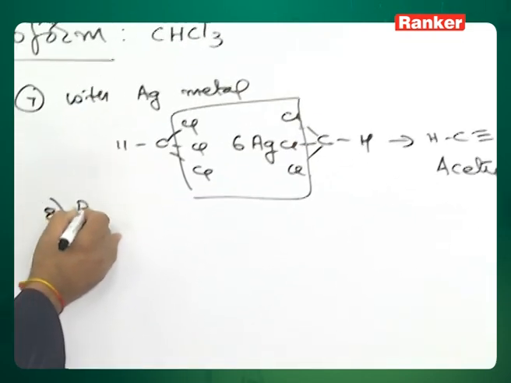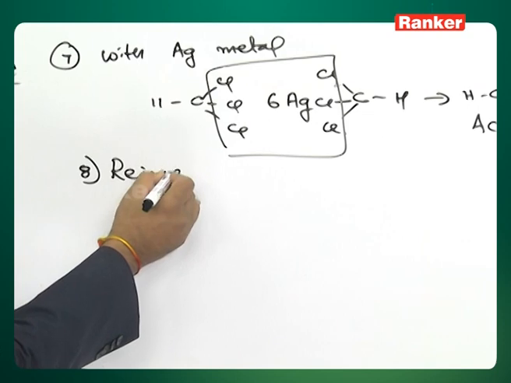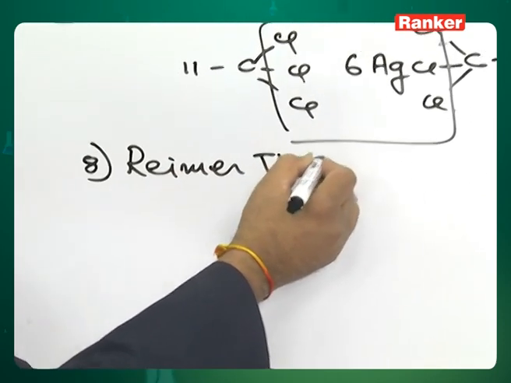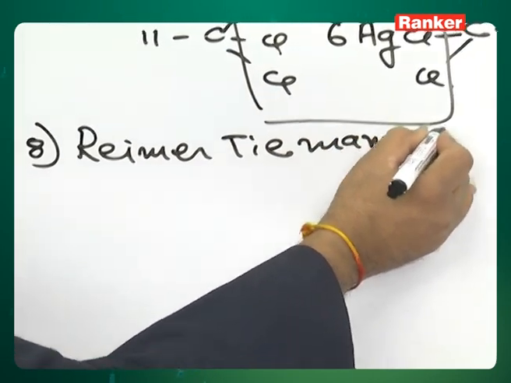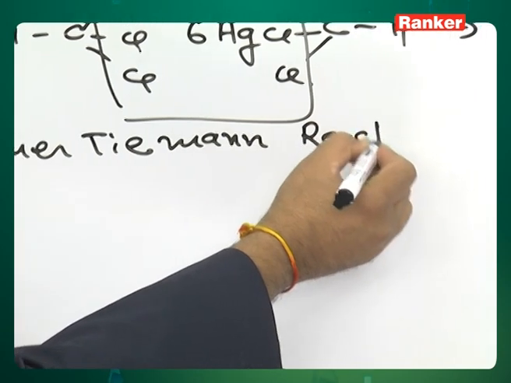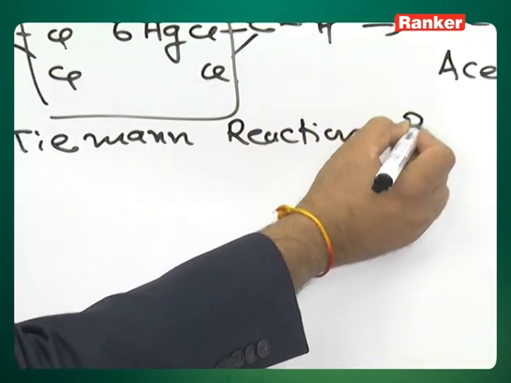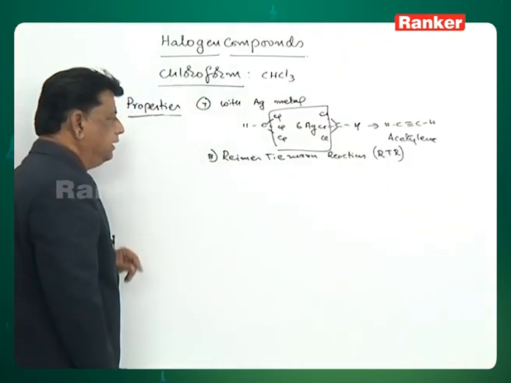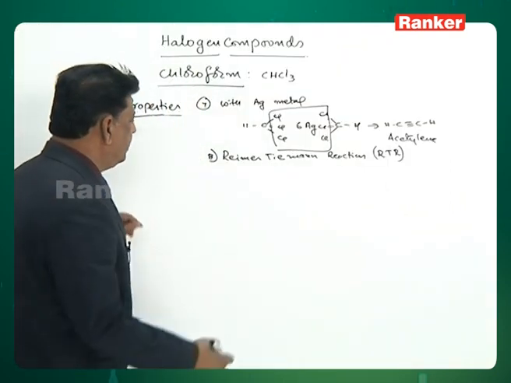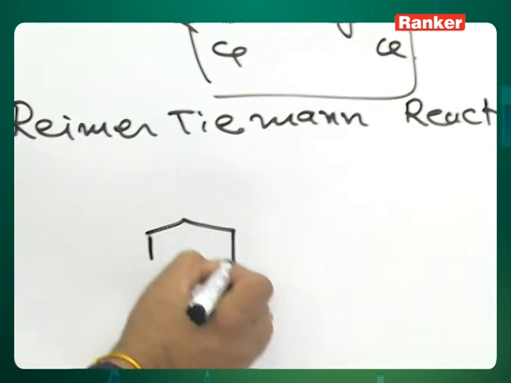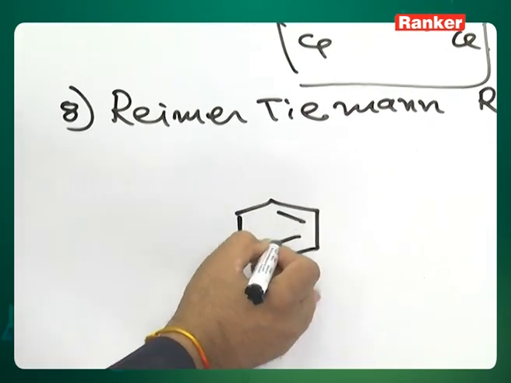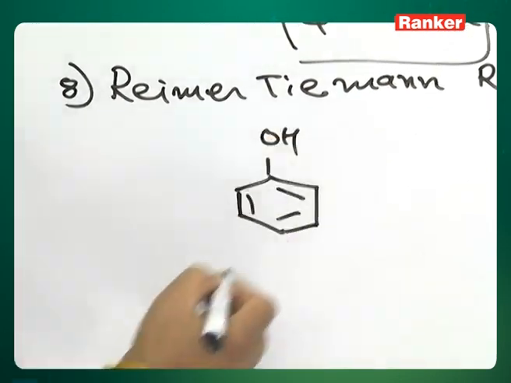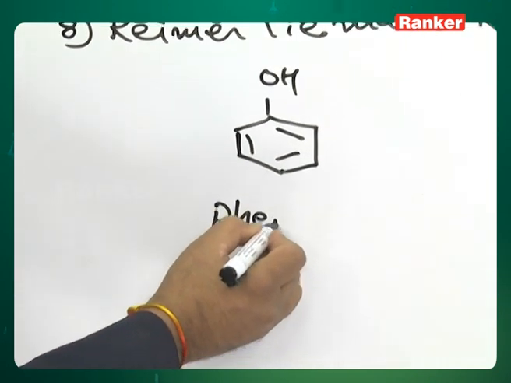One is the Reimer-Tiemann reaction. This is a very popular reaction, very popularly known as RTR, that is the Reimer-Tiemann reaction. The basic reaction is when phenol reacts with chloroform; benzene with OH is known as phenol.